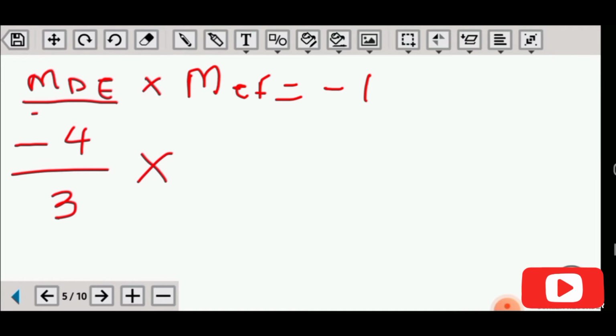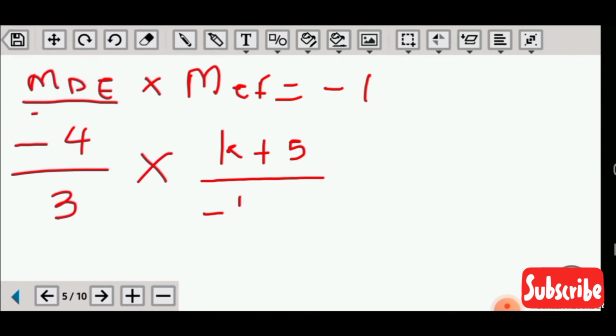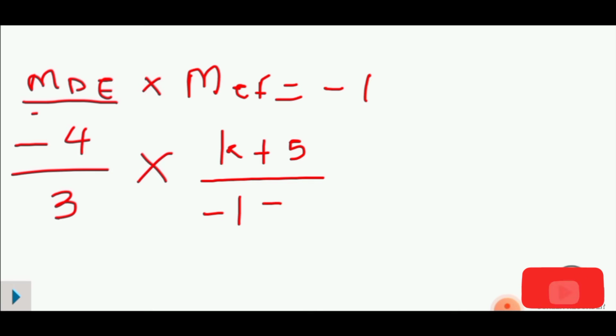So let's go get the gradient of EF. This is going to be K plus 5 divided by -1 minus 3. This is the gradient of EF because YF is K, YE is -5, XF is -1, and XE is 3.